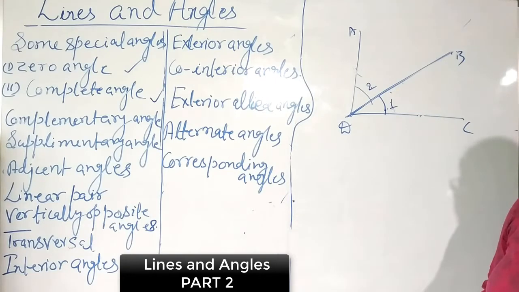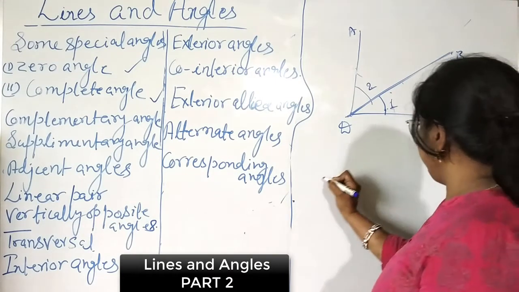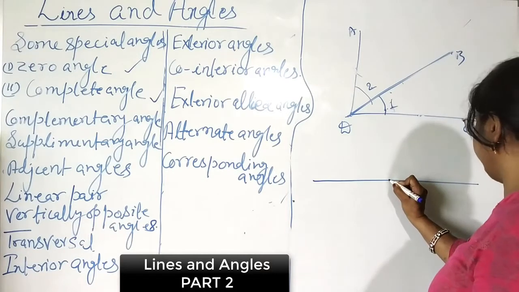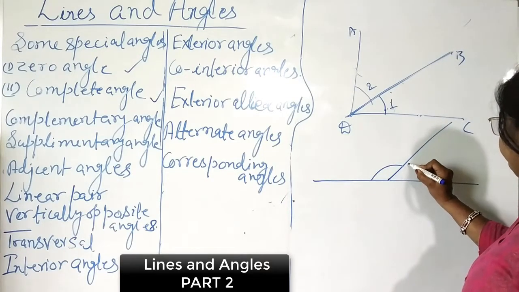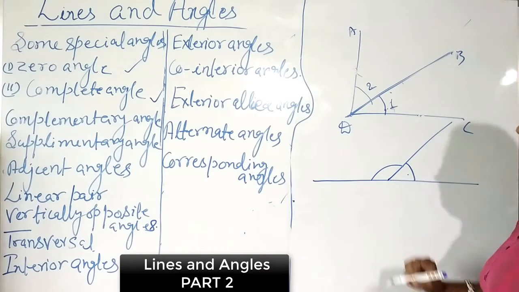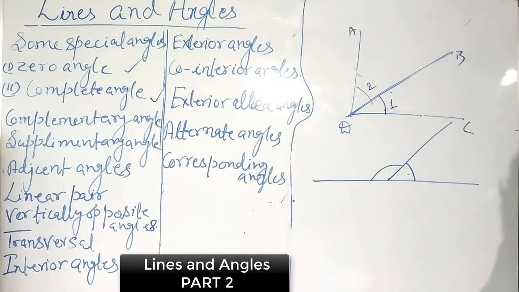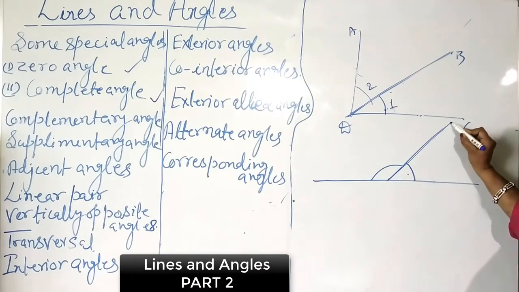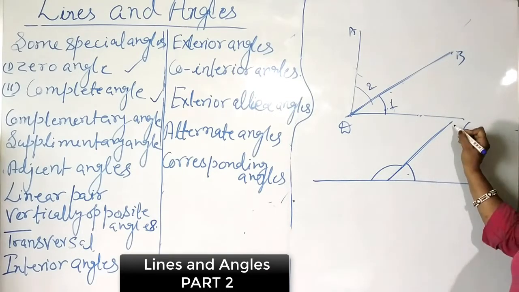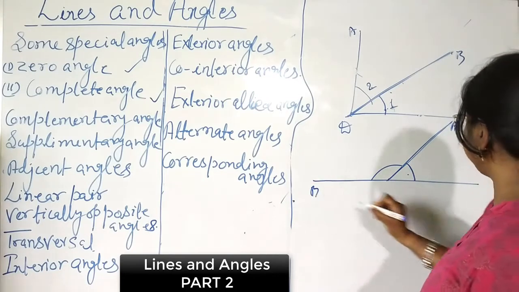Next, linear pair. A linear pair is also like adjacent angles, and adjacent angles whose sum is 180 degrees are called a linear pair. That means in a linear pair also one arm is common.